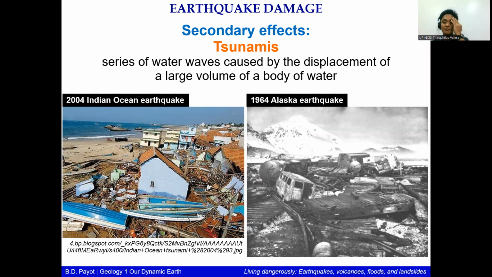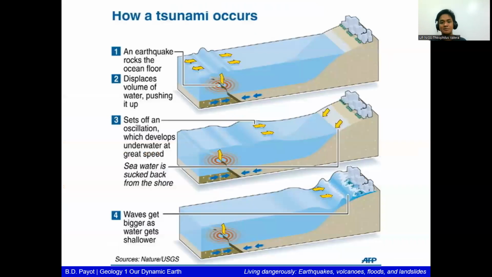This is different from storm surges, in which yung displacement ng water is due to the wind or whipping up basically yung waves natin. Yung tsunami is a function of displacement of water, either due to earthquake or landslide, submarine landslide. So this is how it goes.